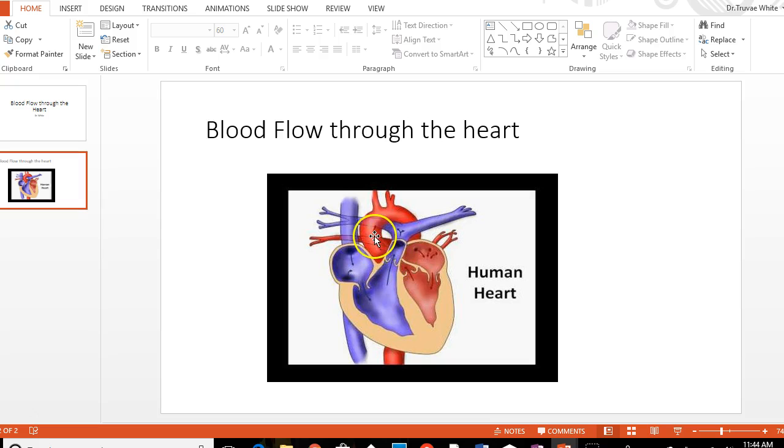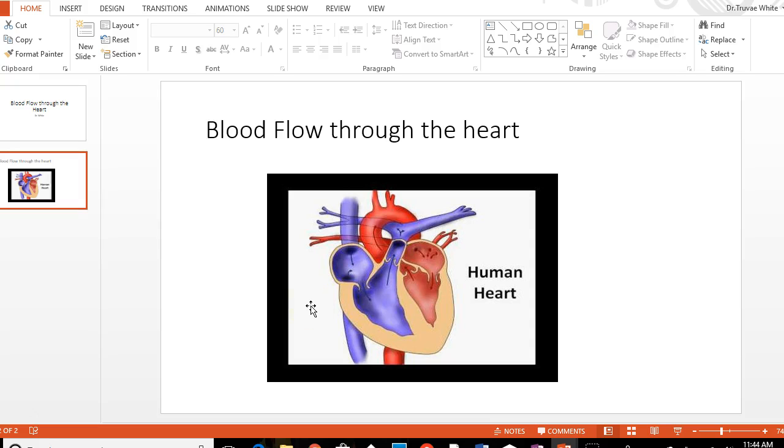And then from there we have our aorta. So this is the ascending aorta, the aortic arch, and then we have our descending aorta going and diving behind the heart. We have our inferior vena cava and our superior vena cava on the right side.